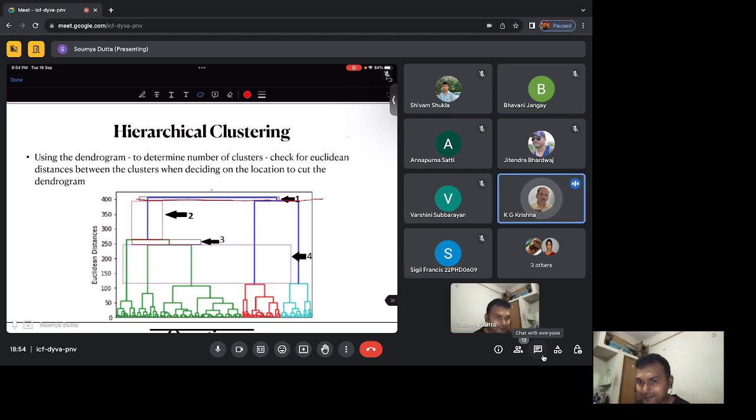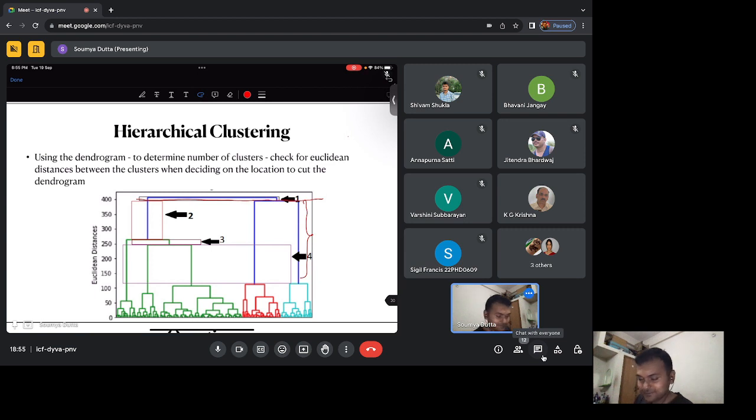I mean, sir, that y-axis Euclidean distance, is it intra-cluster or inter-cluster distance? Can you explain the y-axis? The y-axis doesn't have any intra-cluster or inter-cluster distance mentioned. It is just Euclidean distance. Distance between what? You tell me. What is this distance?